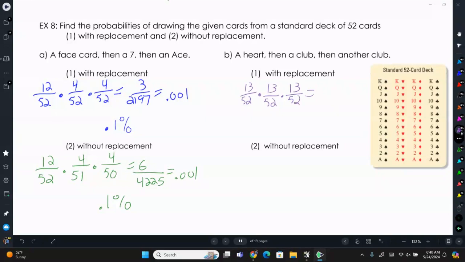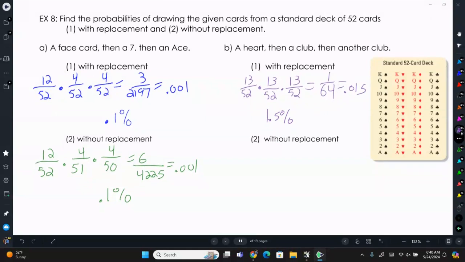So we type this into the calculator. And I get 1 over 64. And you could have changed those fractions to 1/4. And then you probably could have done that in your head. And that's 0.015. So the probability of this happening is 1.5%.